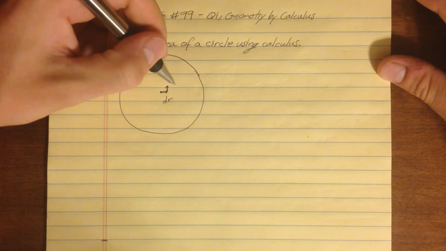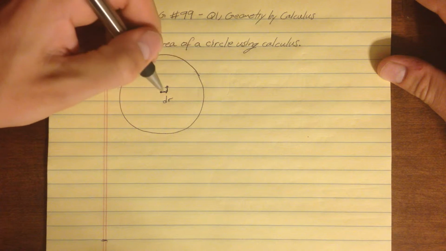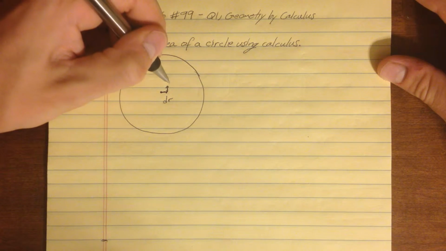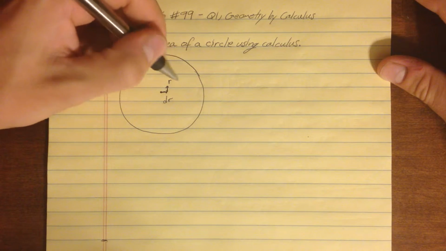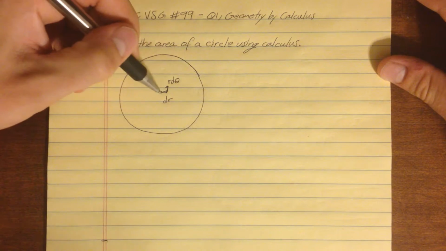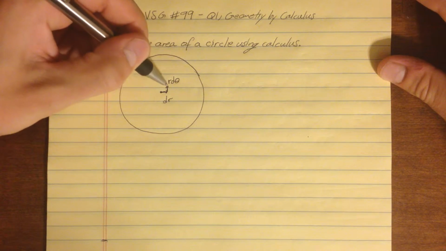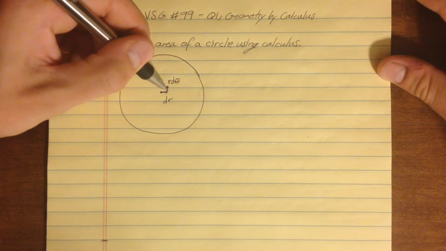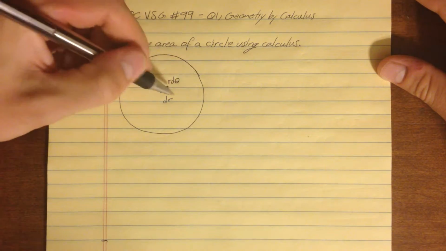So here we are going to have a small arc length, and that is actually going to be r d theta, because as r increases, this whole length here will actually increase.